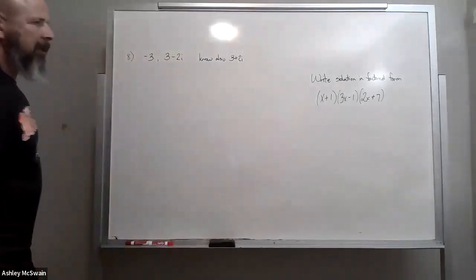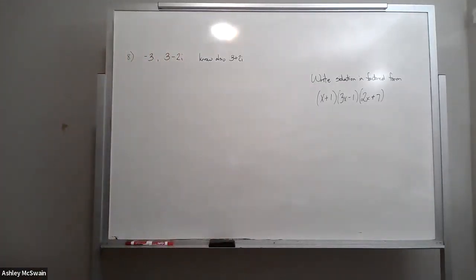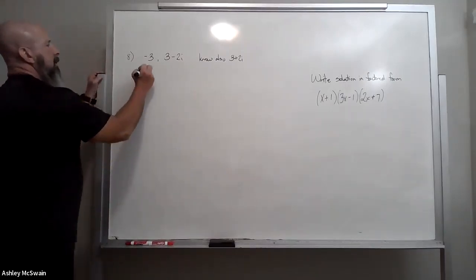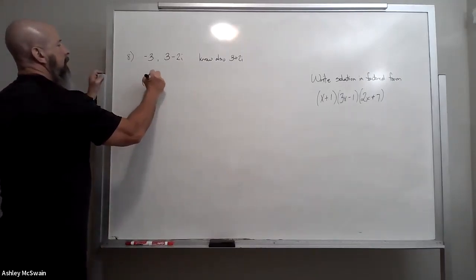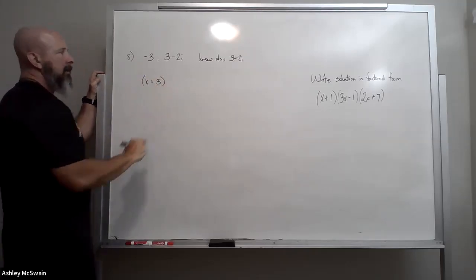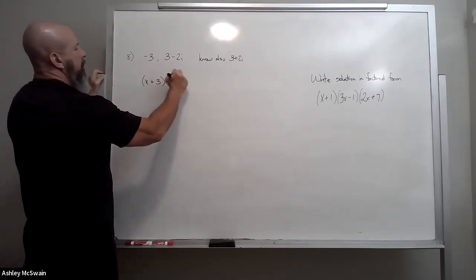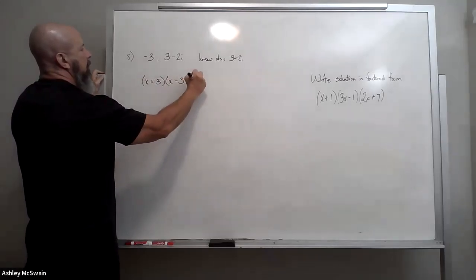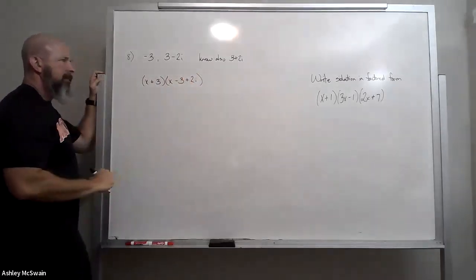Now it's asking me for the polynomial. I've got to make sure I get the setup right. -3 came from x plus 3. 3 minus 2i came from x minus 3 plus 2i.